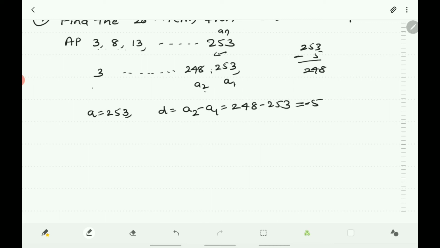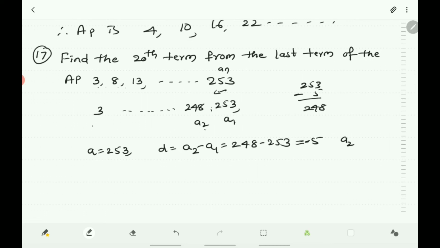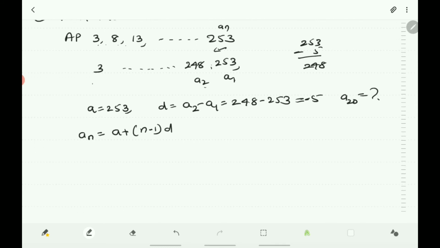And here the term you have to find out is A20, the 20th term. Write the formula for AN. AN is equal to A plus N minus 1 into D. Then A20 is equal to 253 plus 20 minus 1, and D is minus 5.